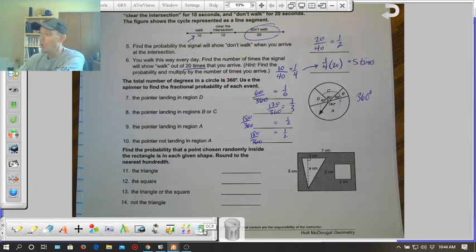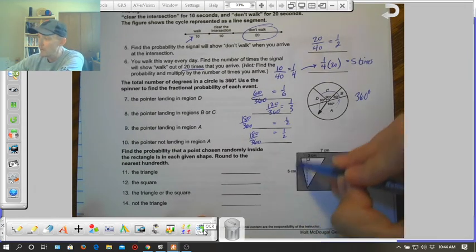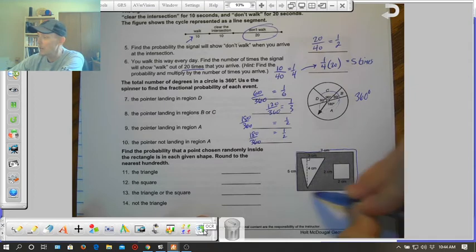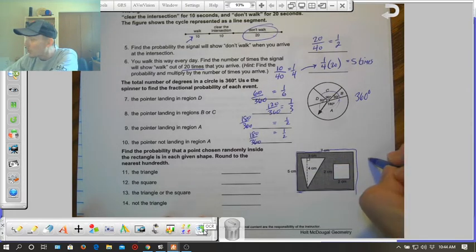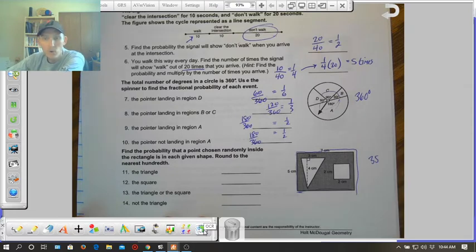Well, what is the total possible that I have? The possible is the entire rectangle, which is 5 times 7, or 35. The area of the whole rectangle is 35.